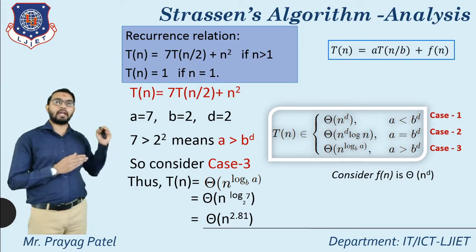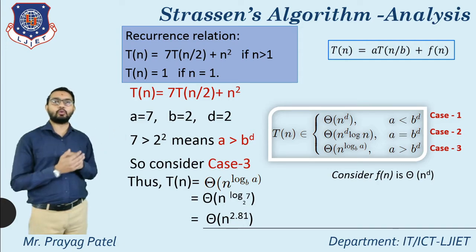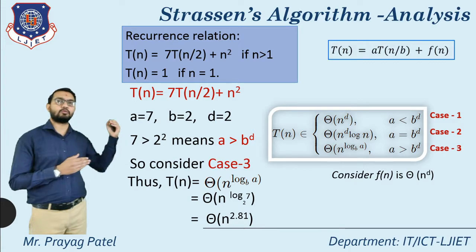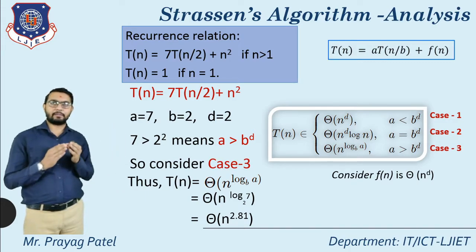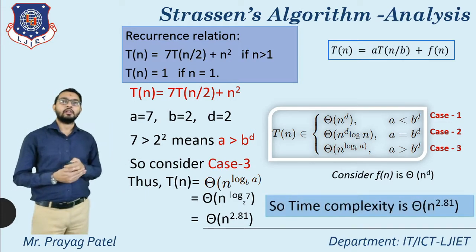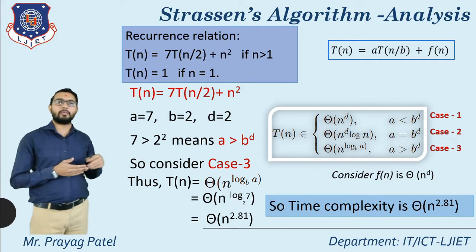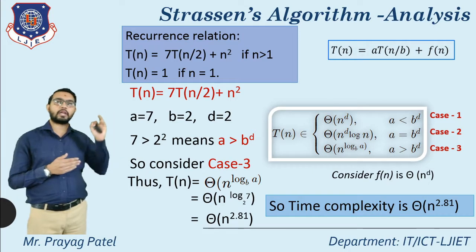How can we find log 7 base 2? Consider log 7 divided by log 2 to get the final answer. So theta n raised to 2.81 is the final answer for T of n. The time complexity of Strassen's matrix multiplication algorithm is theta n raised to 2.81.